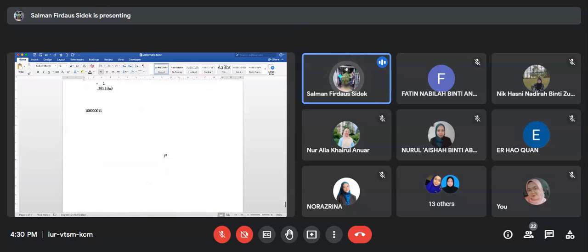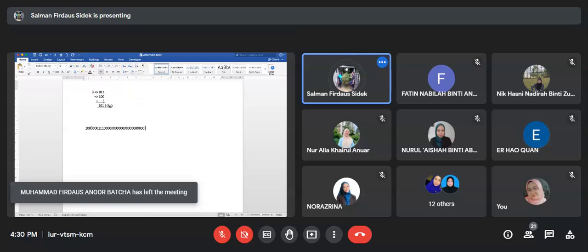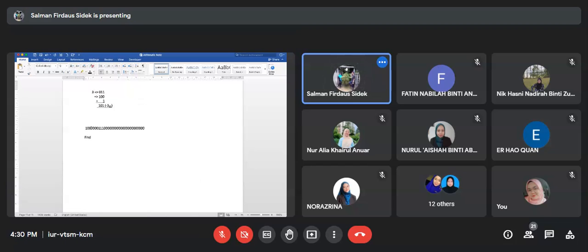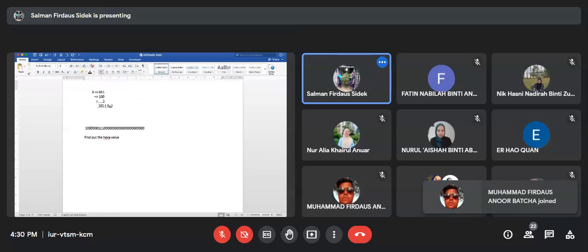So by referring to the note, please get the decimal value of this one. First of all, find out the hexadecimal representation, the hexa value of the question.